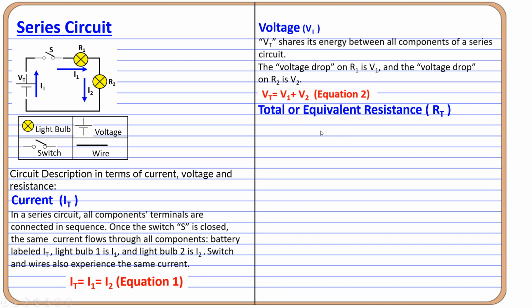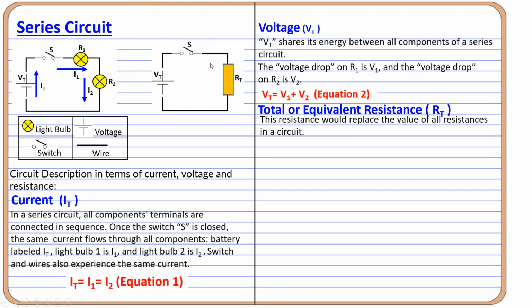Total or equivalent resistance, RT, is the resistance that would replace the value of all resistance in a circuit. So here we have an example of an equivalent circuit. It is a type of circuit that simplifies a large circuit with many resistors.